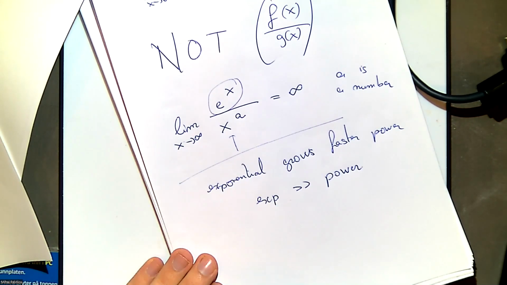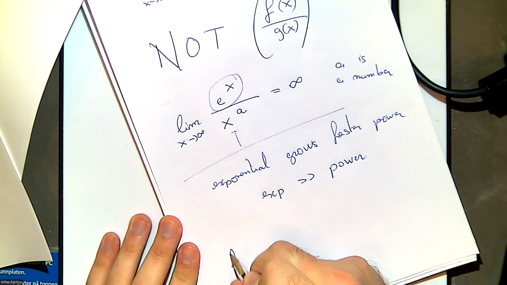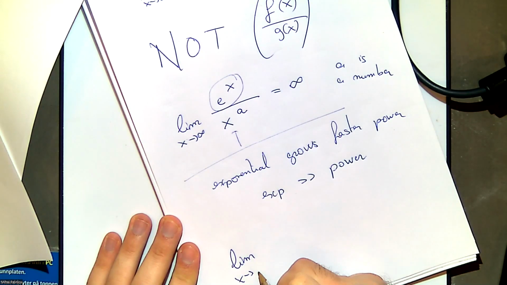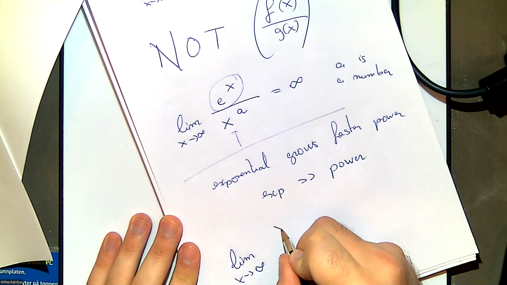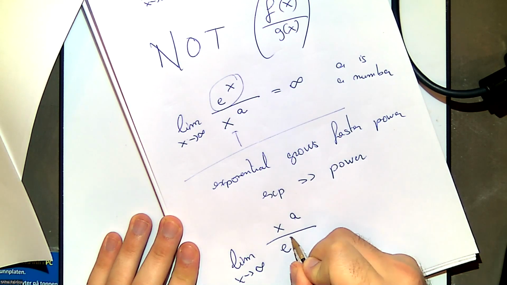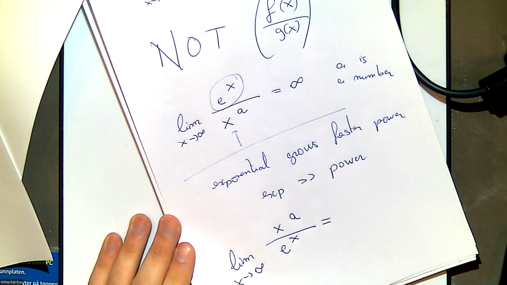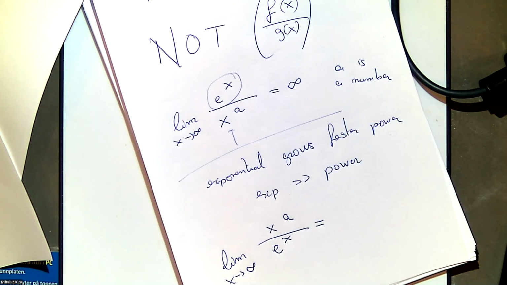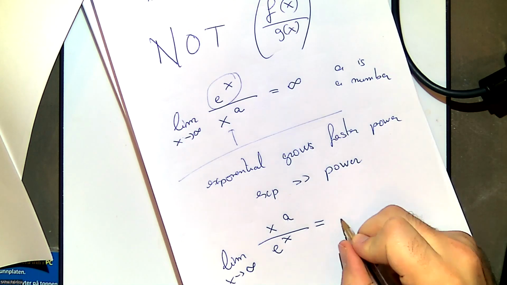Might be a trivial question for you guys, but if I have the limit when x goes to infinity of x to the power of a over e to the x, what is this? So I'm basically just flipping the limit from above. What is this? Yeah, exactly. It's just 0.